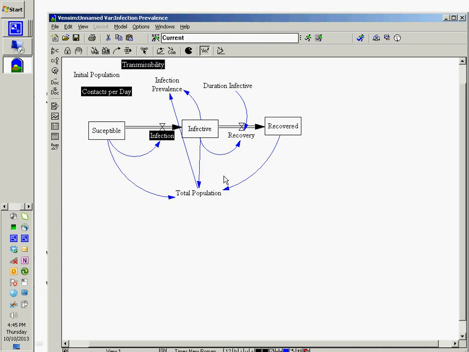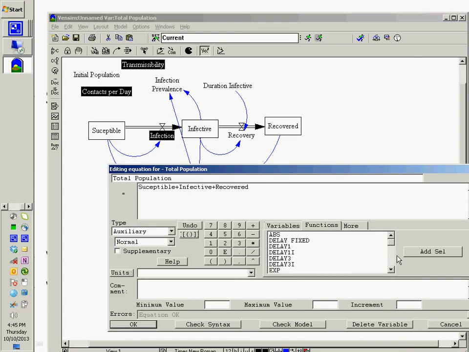Okay, so now we have this infection prevalence. So, yes, Fahad. Is it possible to use something like an if-then-else structure? Yes, it is. You could do it as well, it would just be a little bit more wordy. It's a great question. Vensim does support if-then-else structures. You could see there's this construct called IF THEN ELSE, and it's basically like a ternary operator.